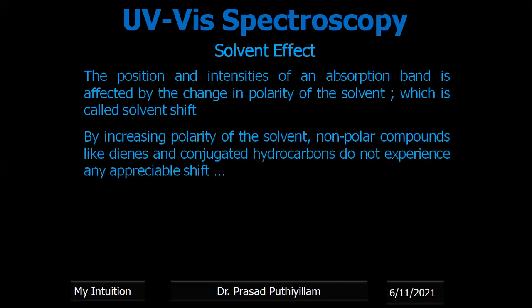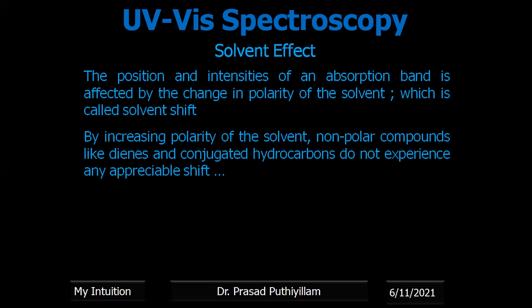Now, by increasing the polarity of the solvent, non-polar compounds like dienes and conjugated hydrocarbons: dienes are hydrocarbons, only hydrogen and carbon, having a double bond. They are not polar as such because there is no charge separation. Even though a double bond is there and a pi bond is formed, there are no different electronegative atoms.